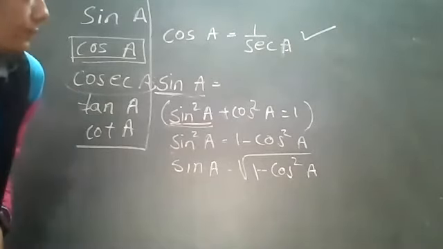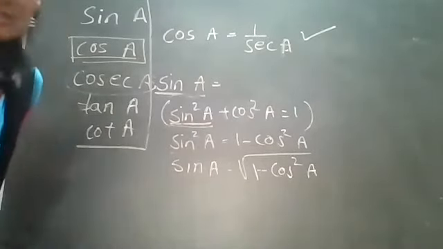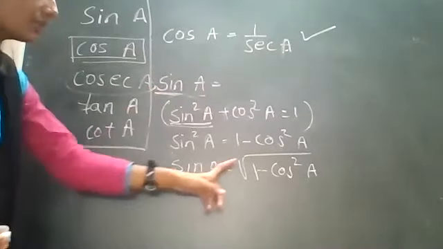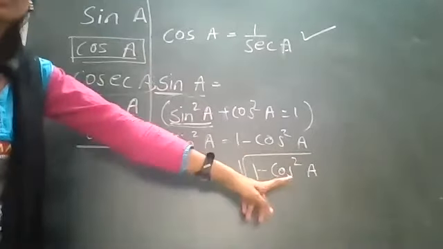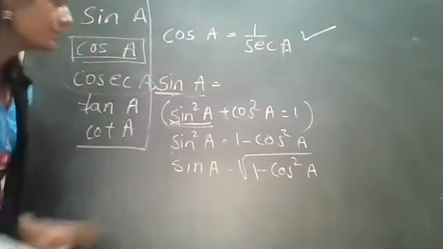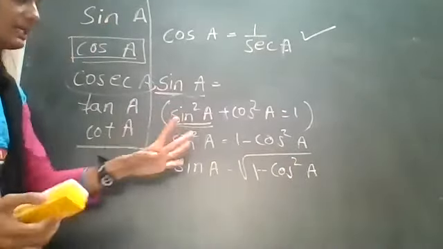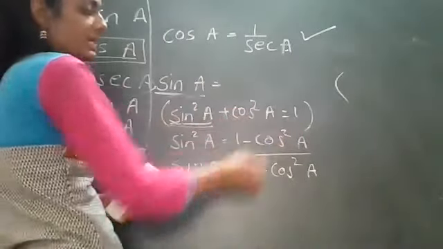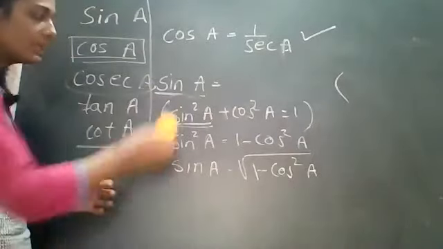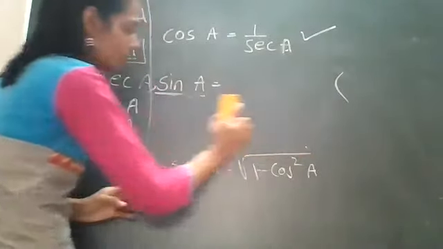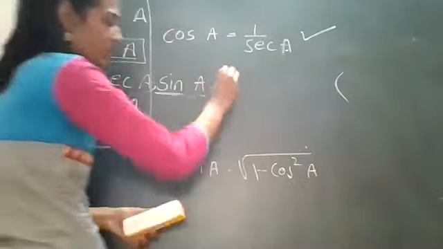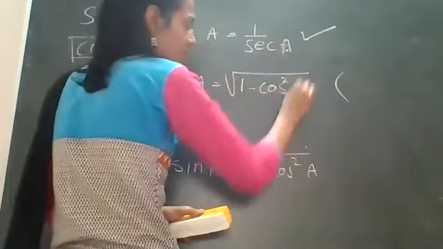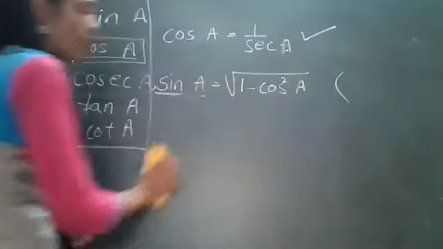Okay, chalo. So now instead of sin A, we are writing under root of 1 minus cos square A. Okay, this all you have to write in a bracket. In the bracket write down this identity: sin square A plus cos square A is equal to 1. So now in sin A we will write under root of 1 minus cos square A. Now, how to remove this now?